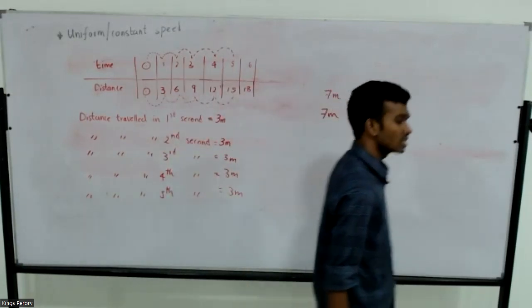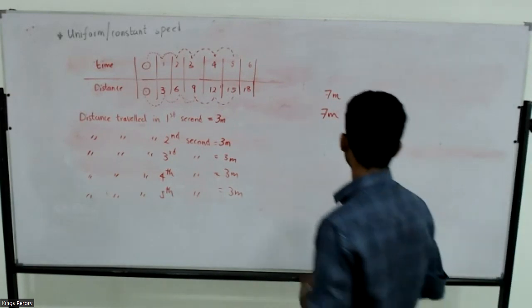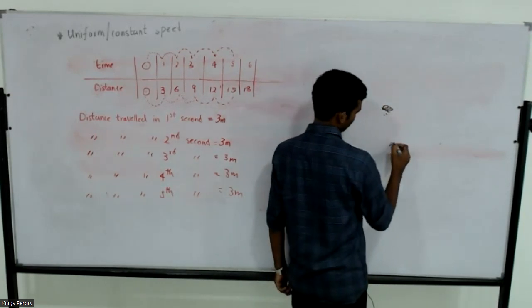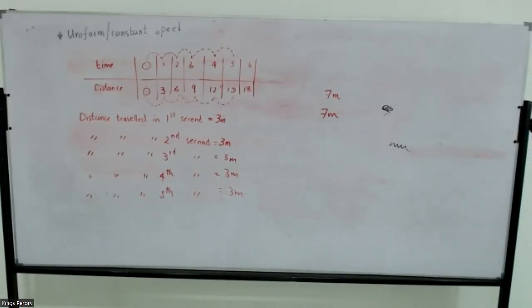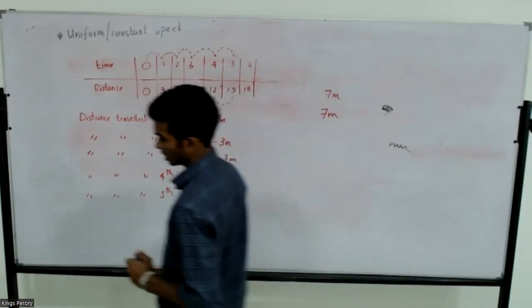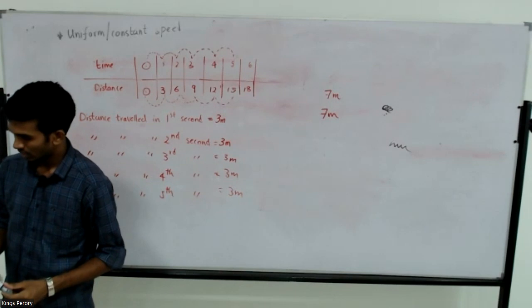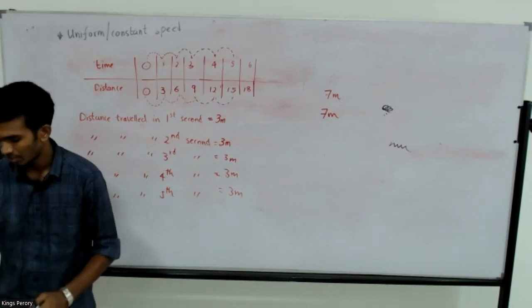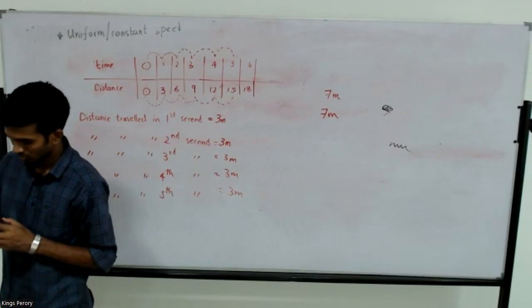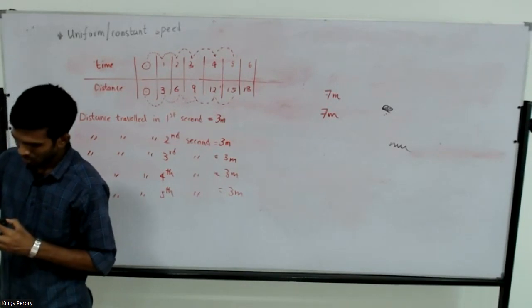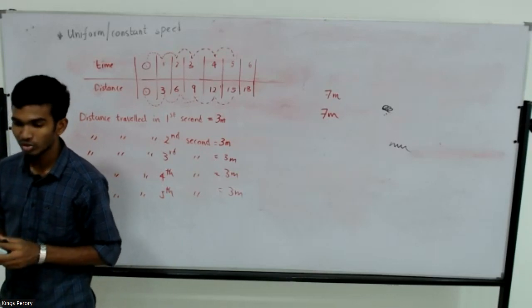If distance traversed in every 1 second is same throughout the journey, then we say the motion is what type of motion?